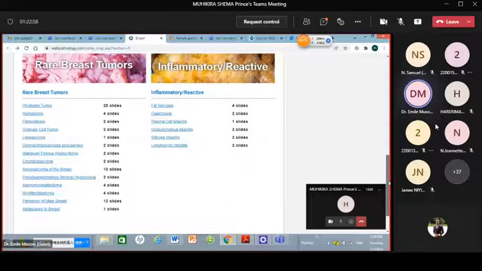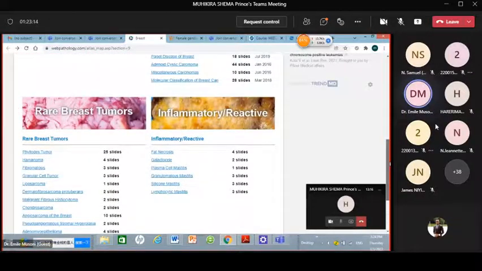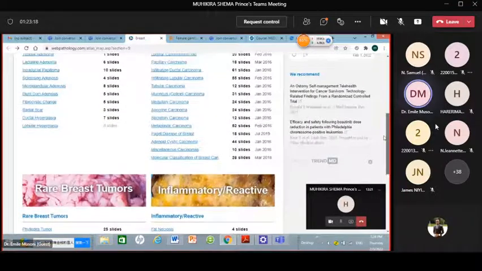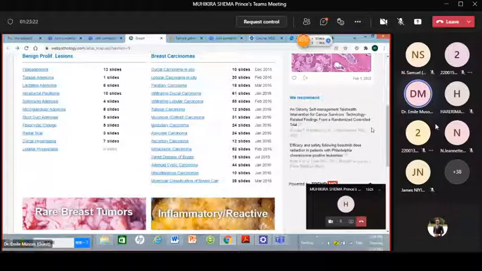Here there are some rare breast tumors like phyllodes tumor, hamartoma, hemangiosarcoma, metastasis, plasma cell mastitis. So once you have time, you can go through those links. I have shared even those links in general pathology, but I will share them again with you.